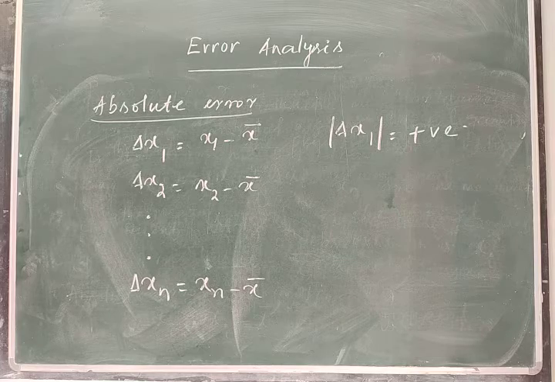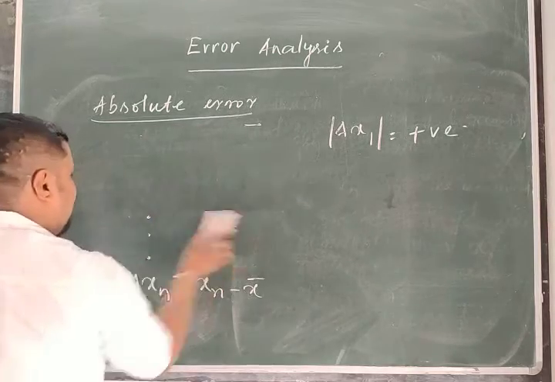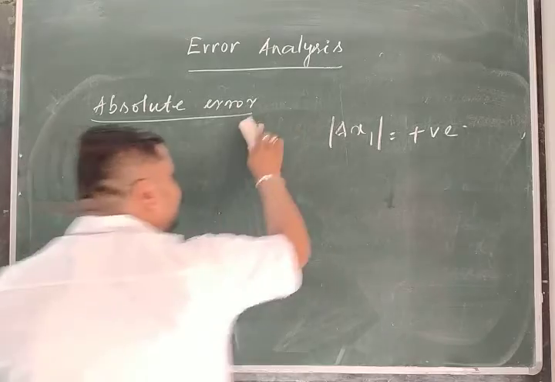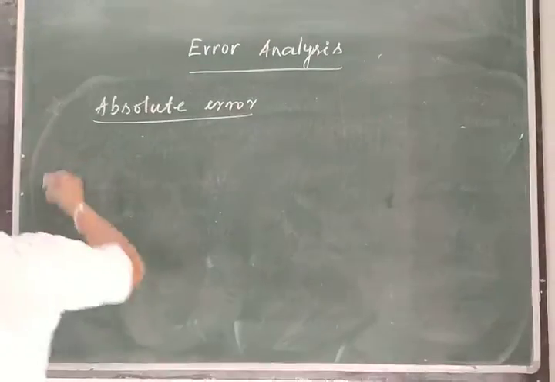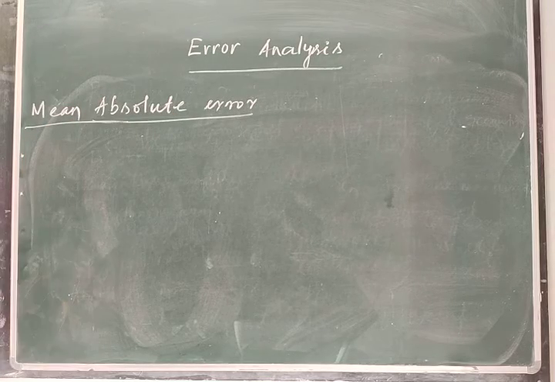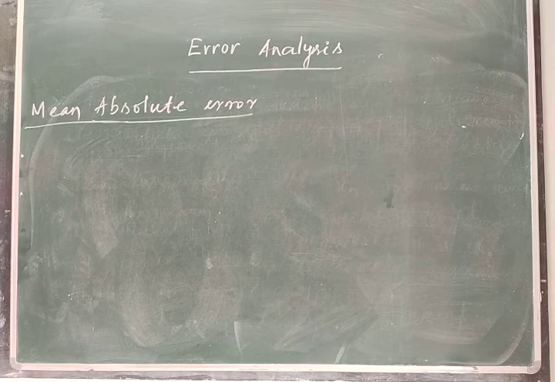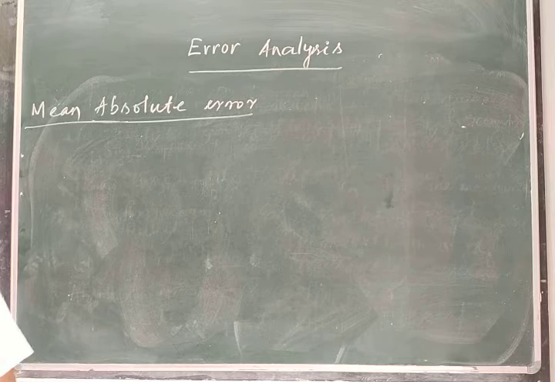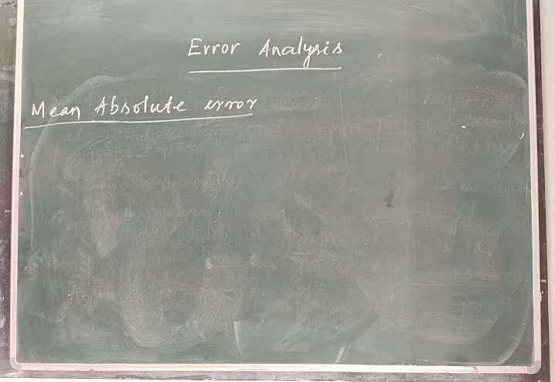After knowing this absolute error, we will go for another quantity from this absolute error, that is called the mean absolute error. Take the mean of the absolute errors, that is called the mean absolute error.